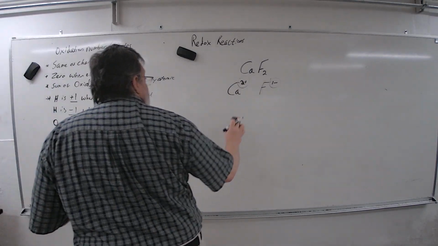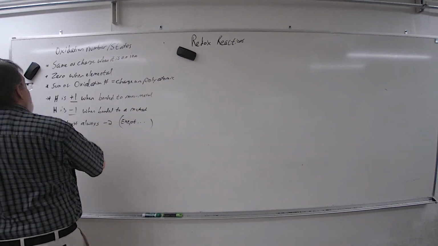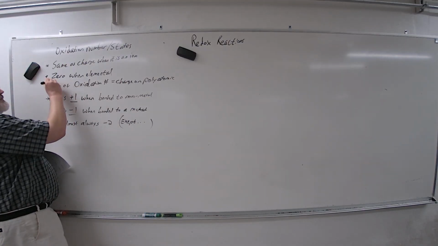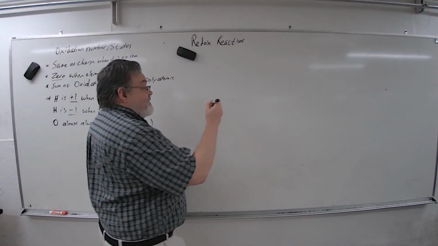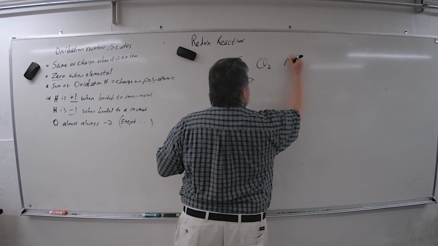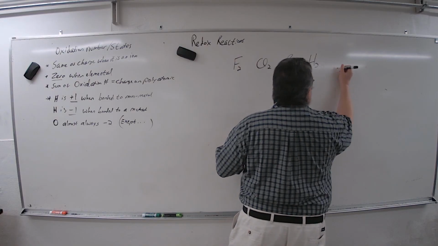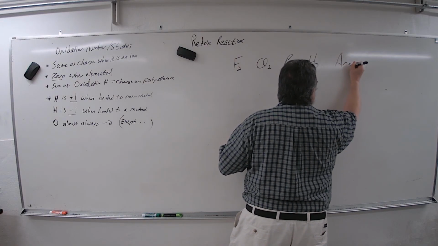All right, the next rule is its oxidation number is 0 when it's elemental. So here's some elemental things: F2, Cl2, Br2, H2. What if you just had argon gas?